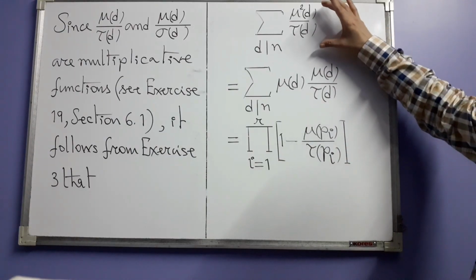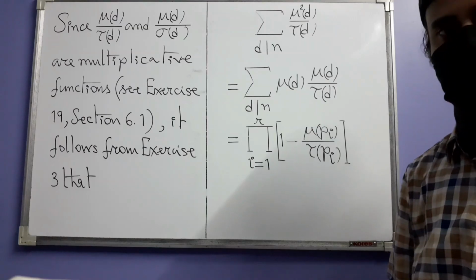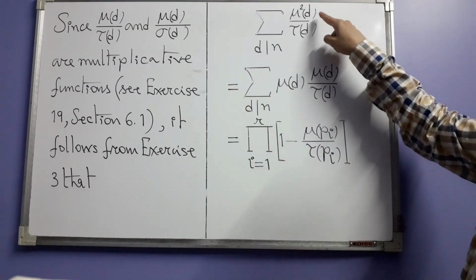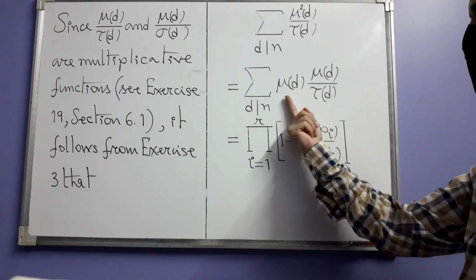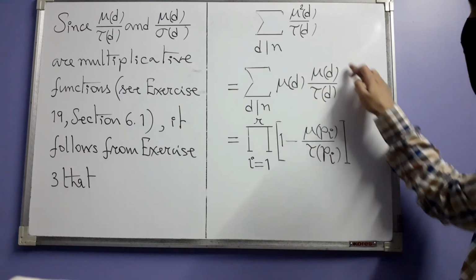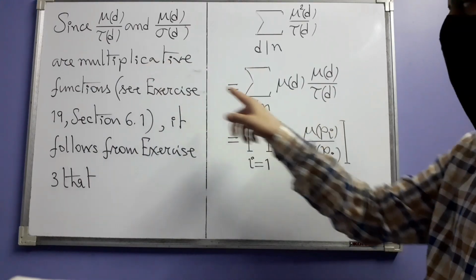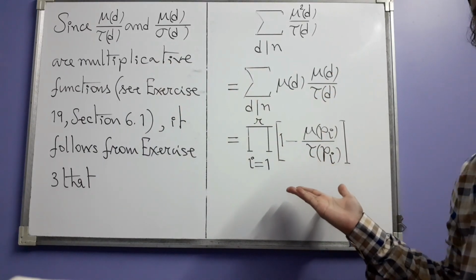But let us first express this sum in the form that will allow us to use exercise 3. Here the general term in the sum is mu square of D divided by tau of D. It can be written as mu of D times mu of D divided by tau of D, and this part is multiplicative. So by exercise 3, this is equal to this product.